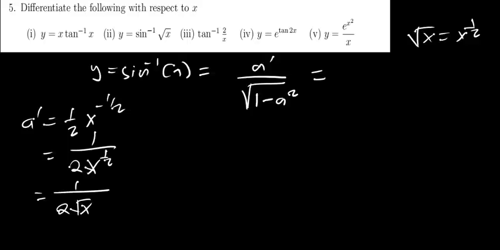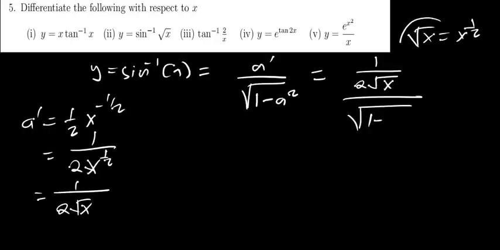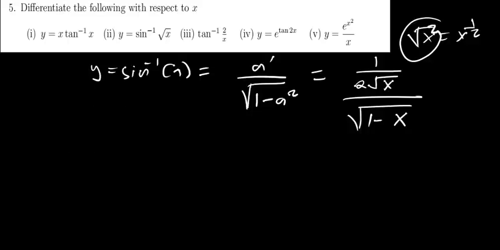So that becomes 1, then I've got 2 root x. I divide this by the square root of 1 minus, I square this. Now we are squaring this guy, so if I square this, it's just x, because the square root and the 2 will go.